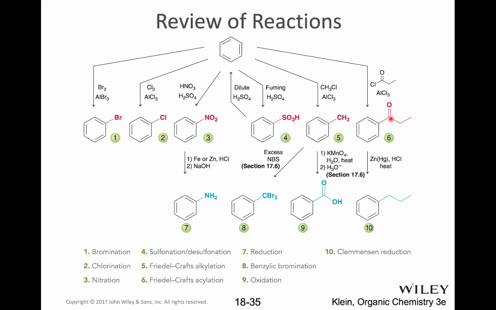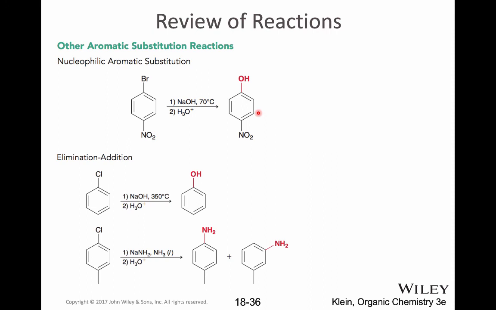I can reduce the benzylic carbonyl of a ketone on a benzene ring. You can also do nucleophilic aromatic substitutions. We can also do elimination addition reactions to get to different products.